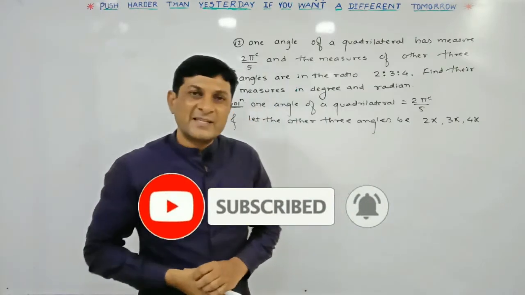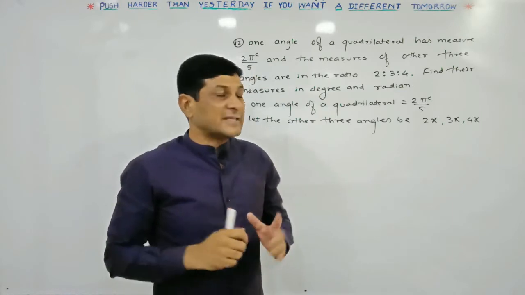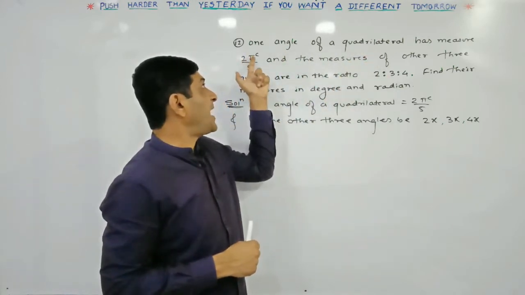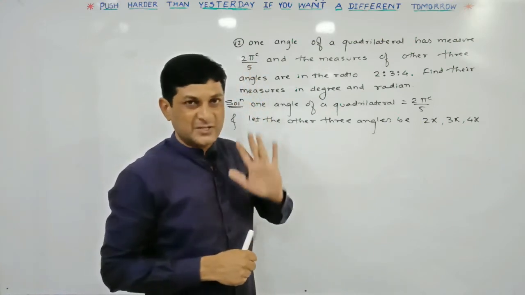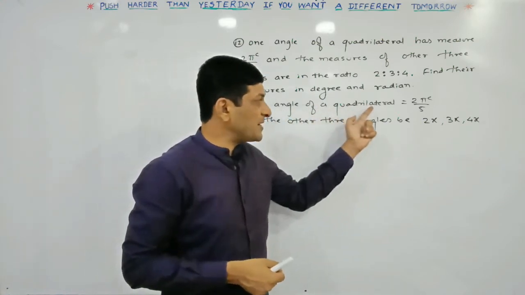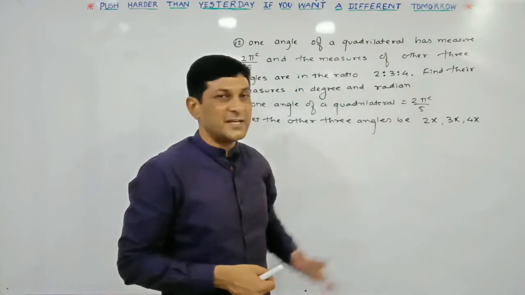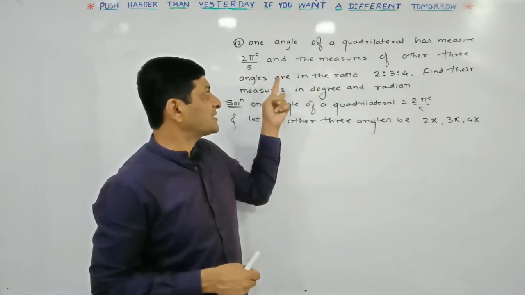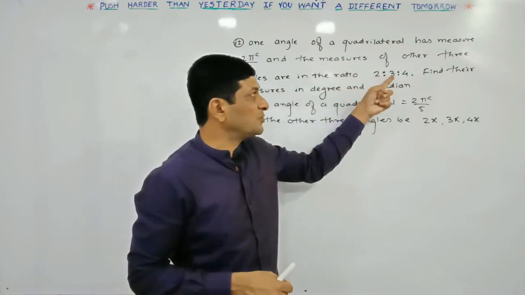Now see example number 12. In this example, one angle of a quadrilateral has measure 2 pi radian upon 5. It is given to us that one angle of a quadrilateral is 2 pi radian upon 5, and the measures of the other angles are in the ratio 2:3:4.